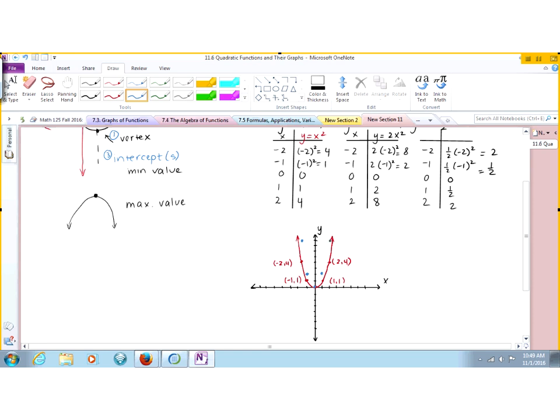It is a little slimmer, like narrower. And it still touches 0, 0 though. I didn't draw this part correctly. It still touches 0, 0 and 1, 1.